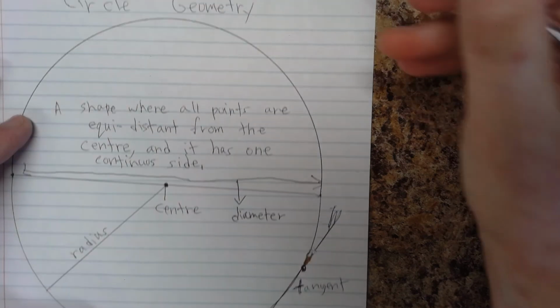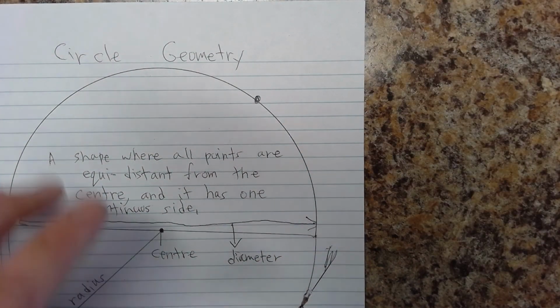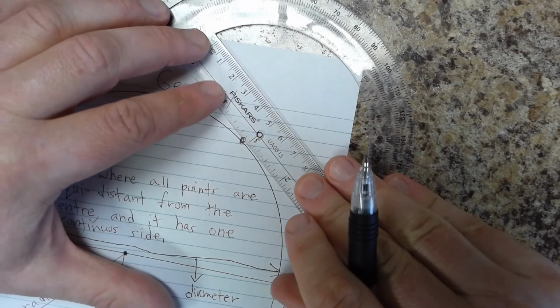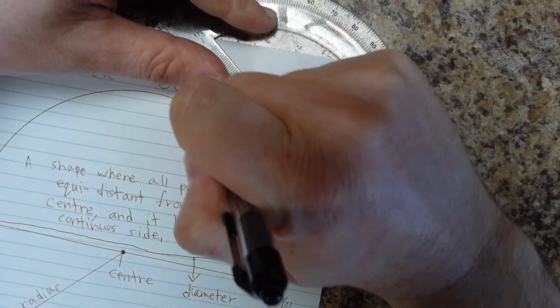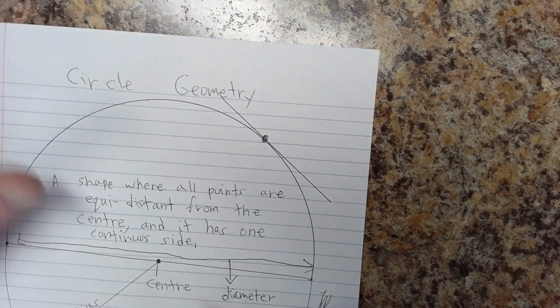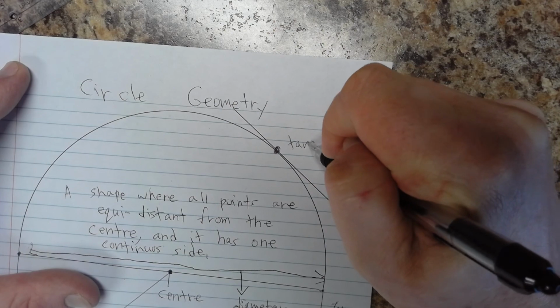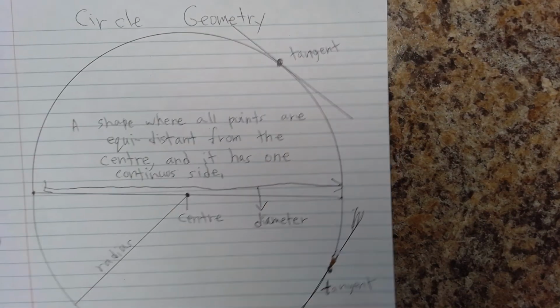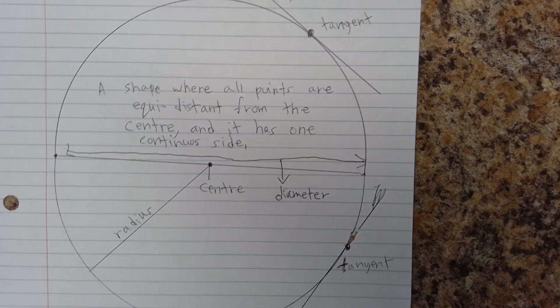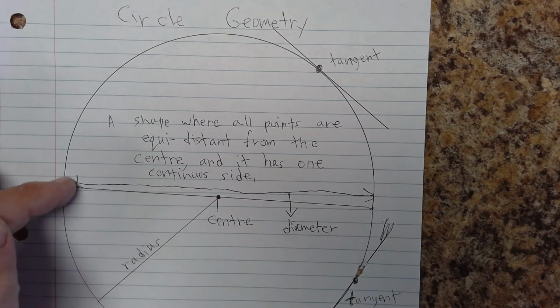Do another one up here because that one's kind of sloppy. Simply there. That's a tangent of a circle. Now, you can have lines on circles that are not radius or diameter, that don't run through the middle.